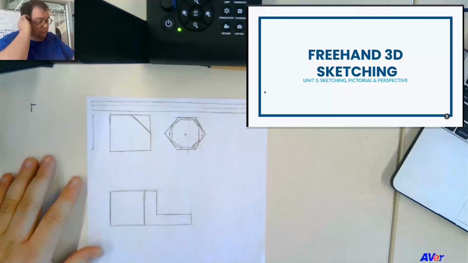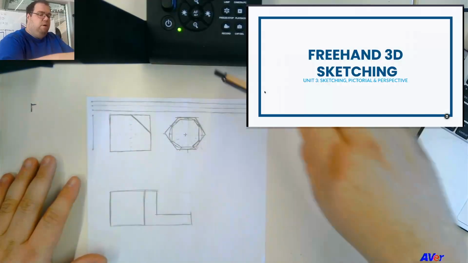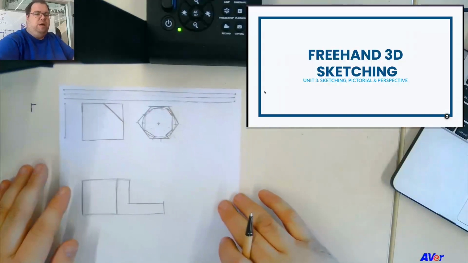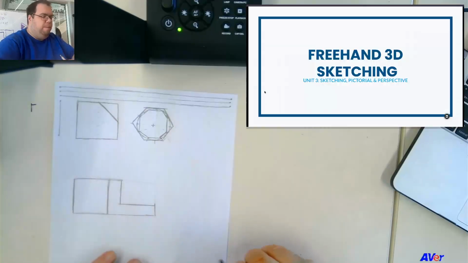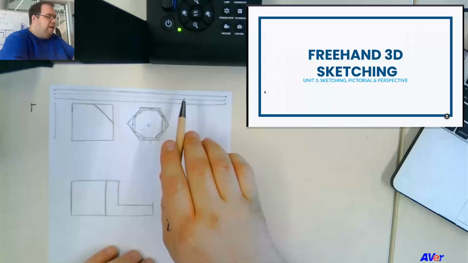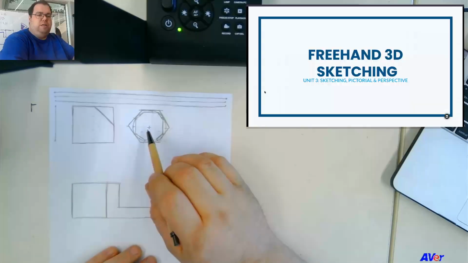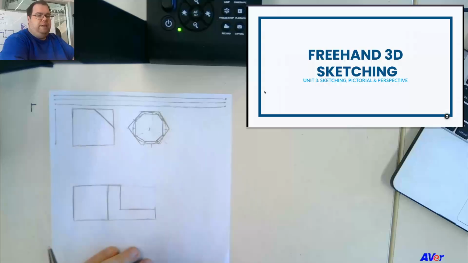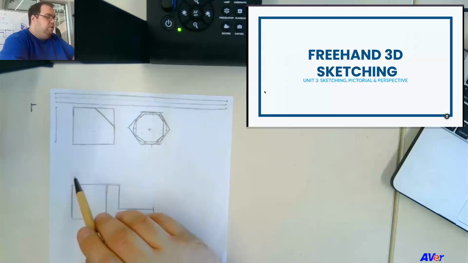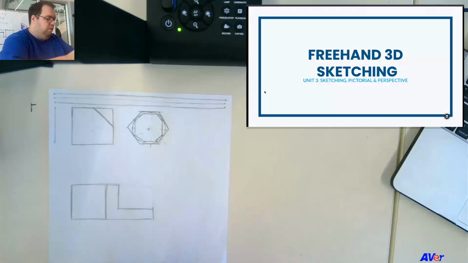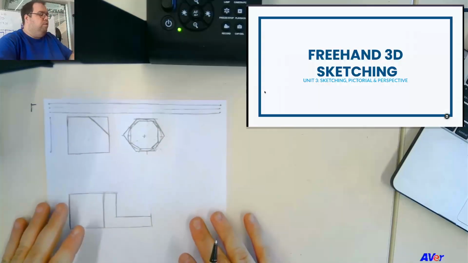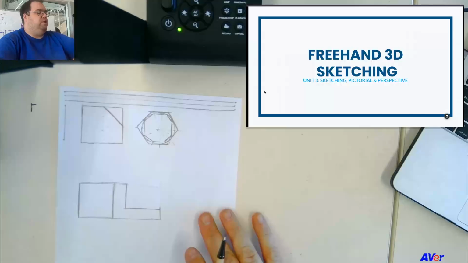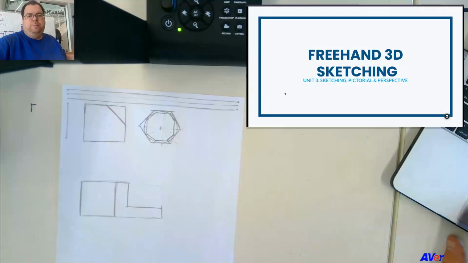I don't remember if this was second hour or fourth hour's version of the drawing, but it was similar to this, where we did straight lines, we did some geometric construction, we did a little bit of angling intentionally, and then we did a two-dimensional shape that you might find as an engineering drawing. Today we're going to move on and add the third dimension to what it is that we're drawing.